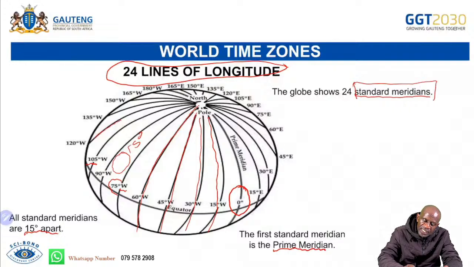So this is our key line, and it separates the Earth into east and west. This 0 degrees longitude halves the Earth into east and west.